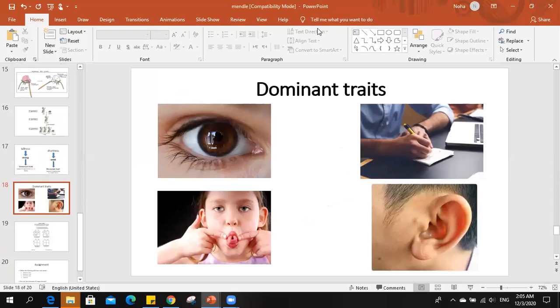So what do we mean by factors of dominant traits? We take half of our chromosomes, or half of our genetic information, from the mother and the other half from the father.